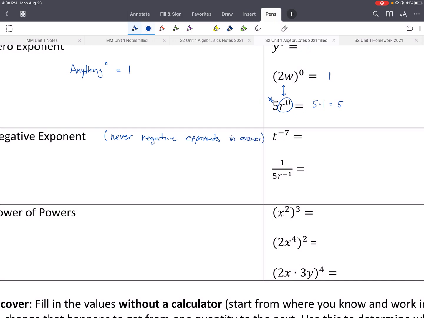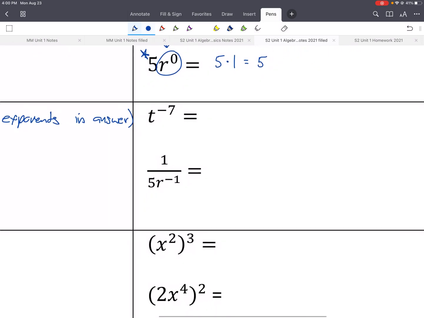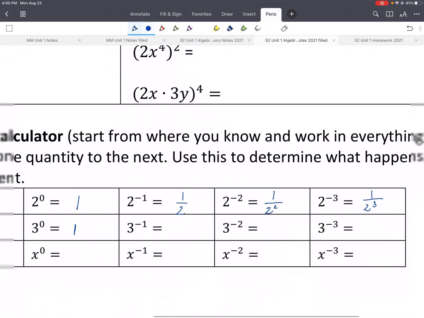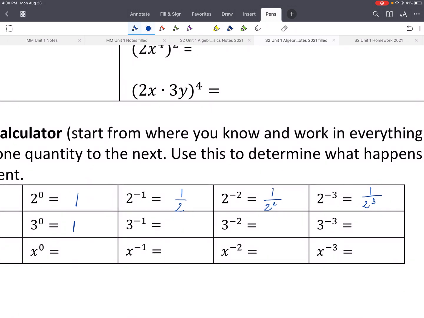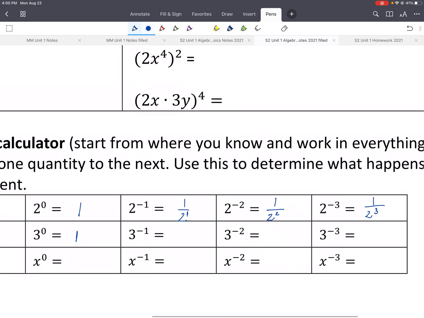Okay? So to get rid of that, we would do exactly what we wrote down here, is we basically moved it to the bottom and changed the sign of the exponent. We did that for all of those. So this would be like 2 to the positive 1. We move it to the bottom and we change its sign.